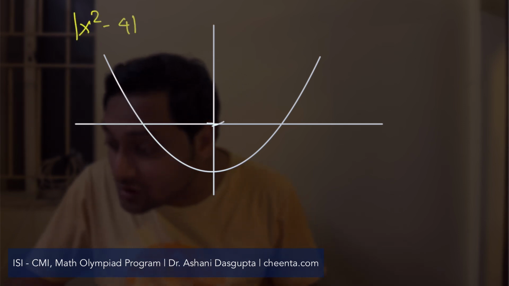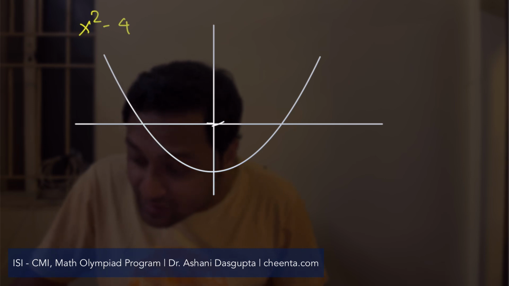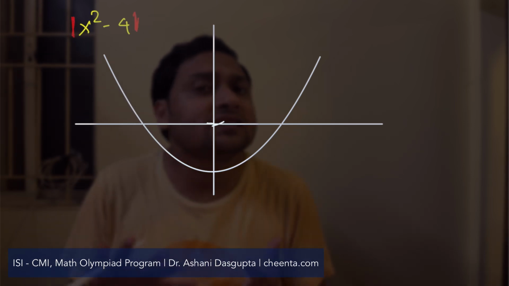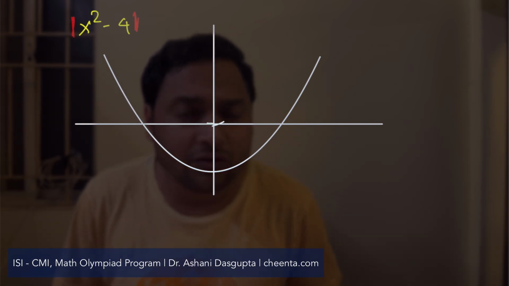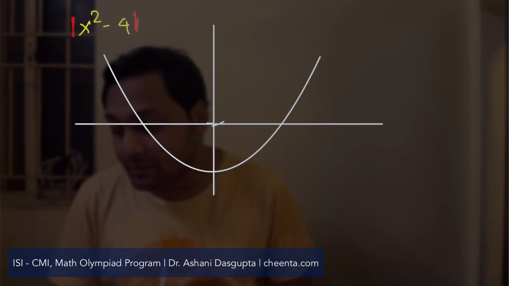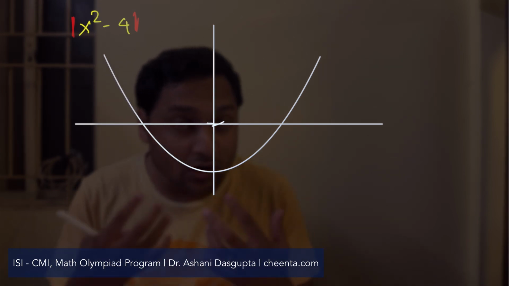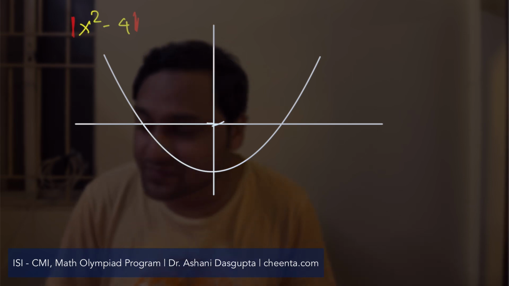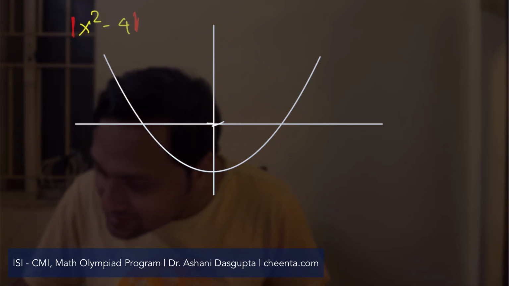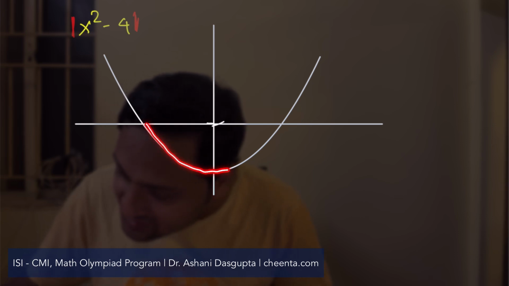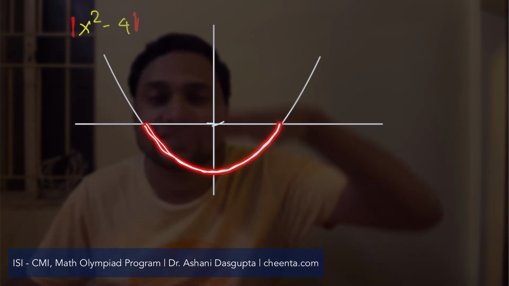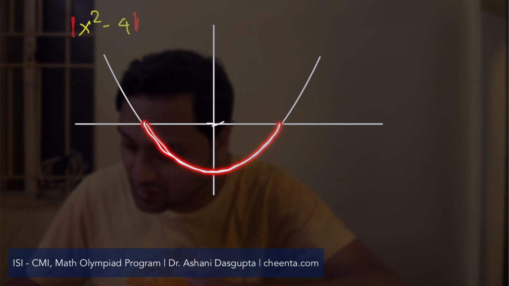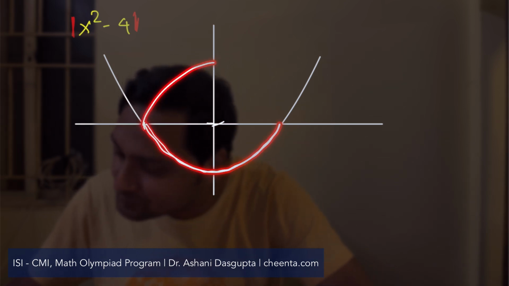Now we want to apply the absolute value sign. What is the transformation of graphs when you take the absolute value of x squared minus 4? Maybe you already know this from the transformation of graphs class: the part that is below the x-axis, in the negative region, is flipped.